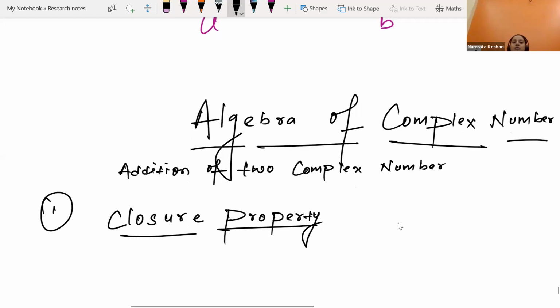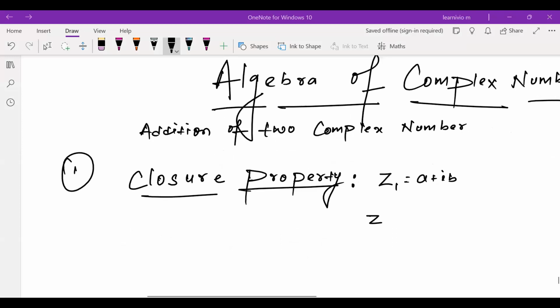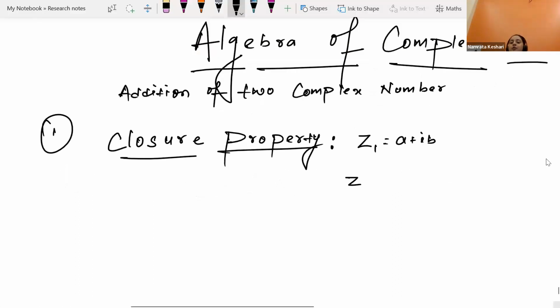So the closure property, what does that property say? When you have a complex number z1, for example a plus ib, and z2 is another complex number, which maybe looks like c plus id.